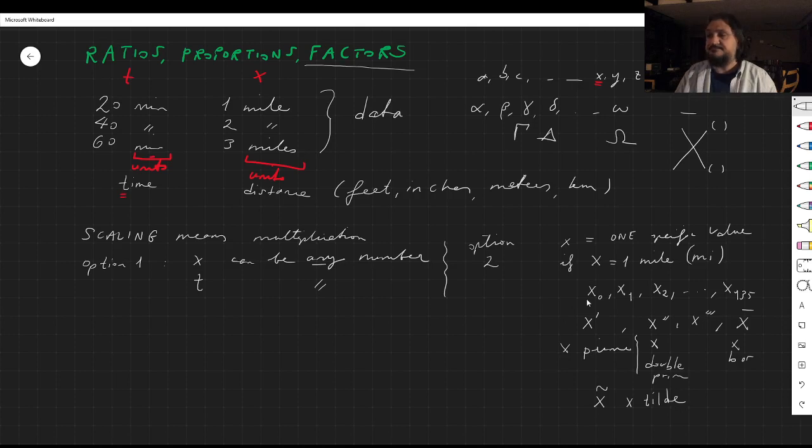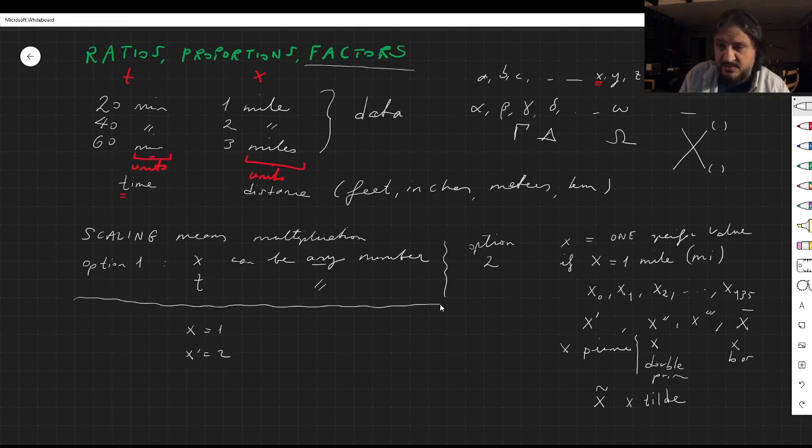Okay, there are many ways to do that. Let's use prime, okay? So X is 1 and X prime is 2. So let's leave option 1 for a moment, but let's focus on option 2.